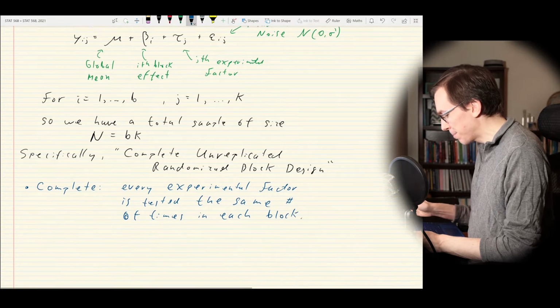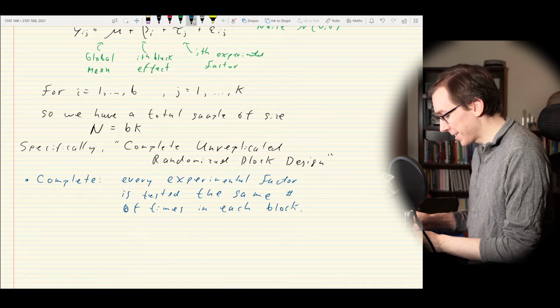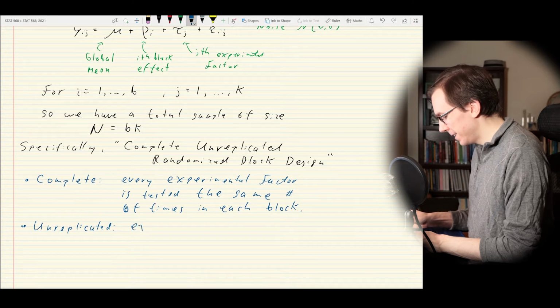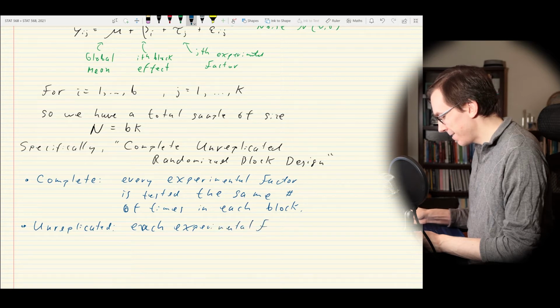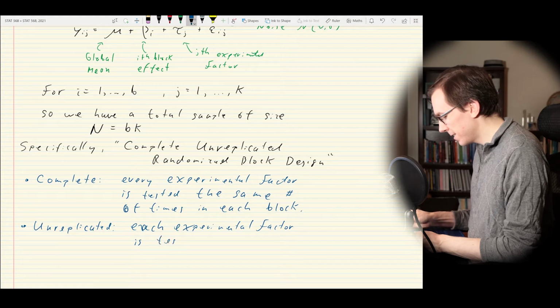And the idea of unreplicated means that it's going to be tested exactly once. Unreplicated means each experimental factor is tested exactly once per block.